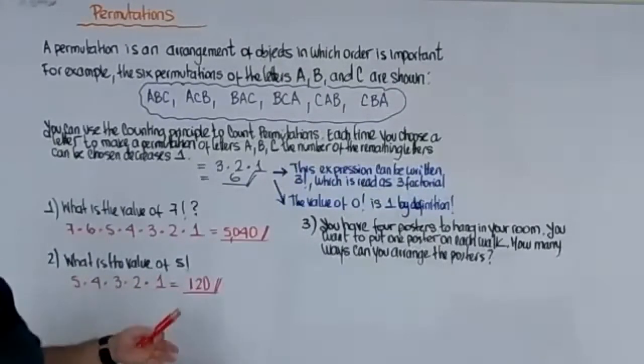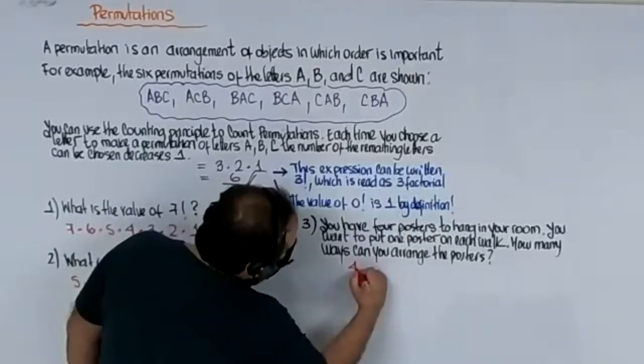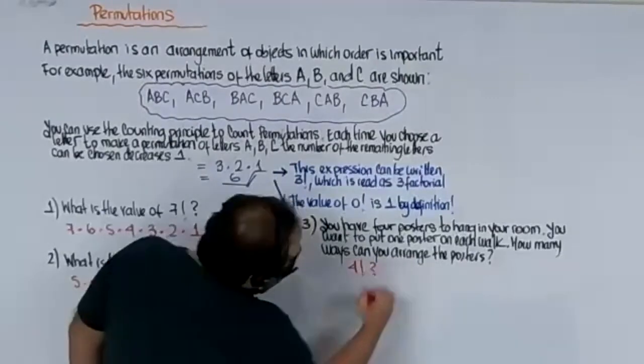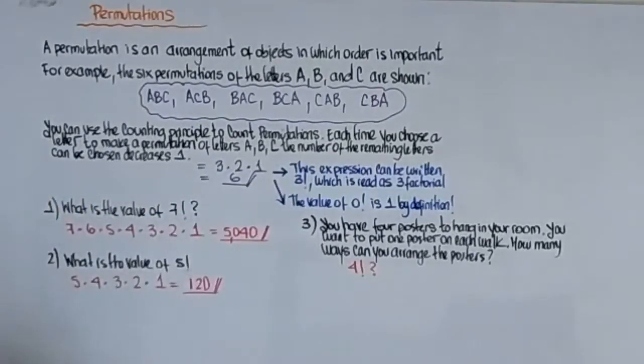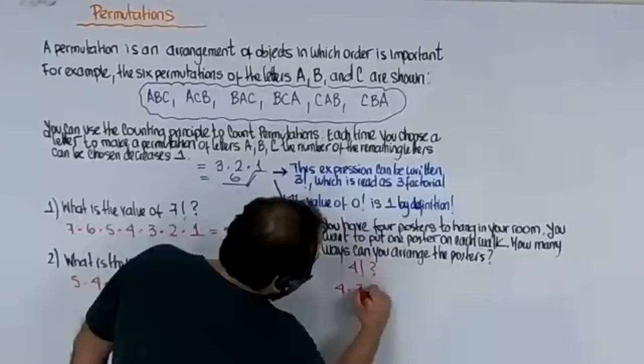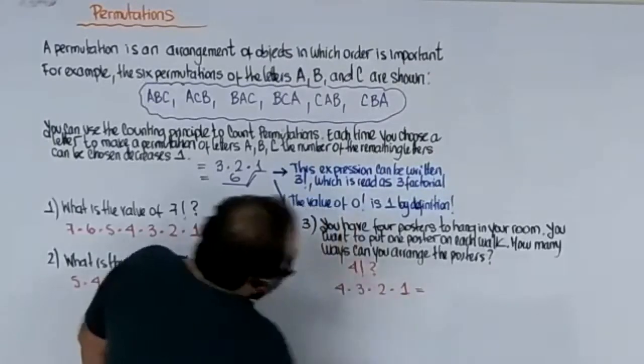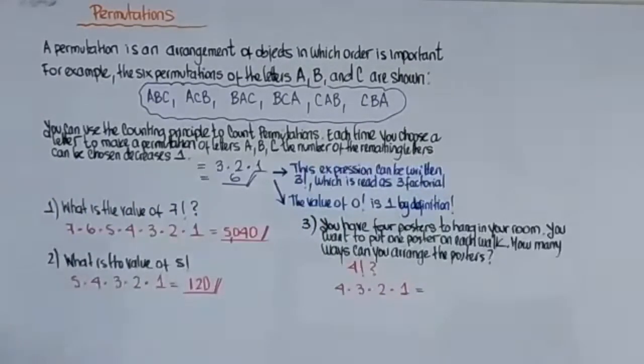Remember, in simple words, you're asking for the value of 4 factorial. In simple words, 4 times 3 times 2 times 1. Okay, and the answer will be 24, right?